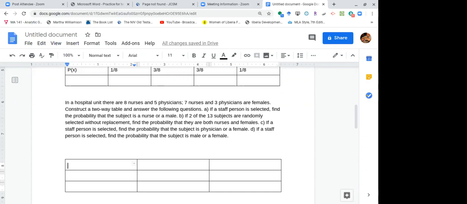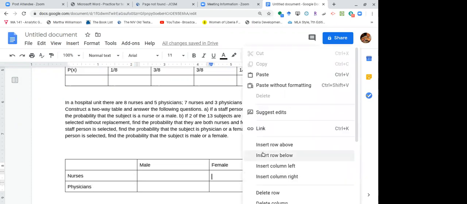Hold on. So we have male, female, and we have doctors or physicians, I should say, nurses, and physicians, right? Mm-hmm. And I need a total, so I need a column here. Let me add a column. Insert column, right.